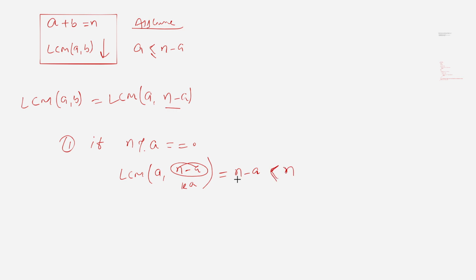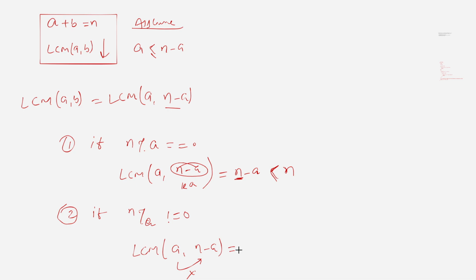You are subtracting something from n, so definitely it would be less than the given input n. Okay, second case: if your n is not divisible by A, then your n minus A will also not be divisible by A. So this won't divide this one.